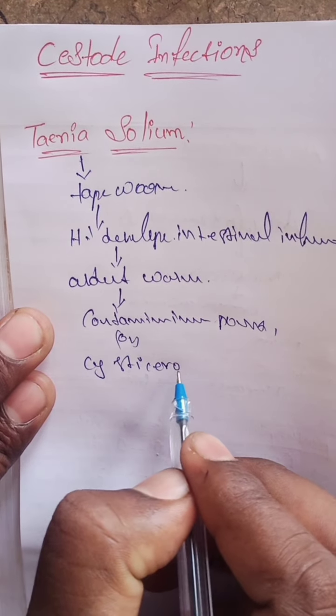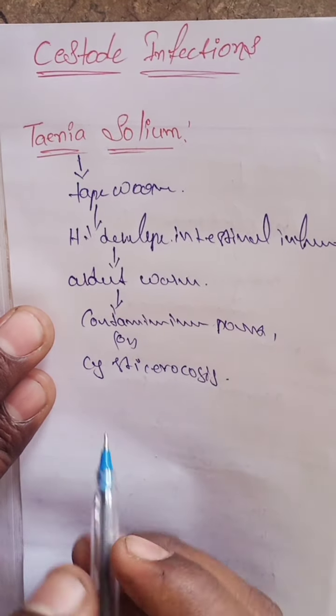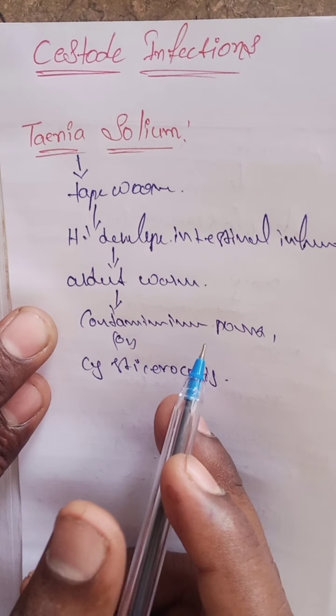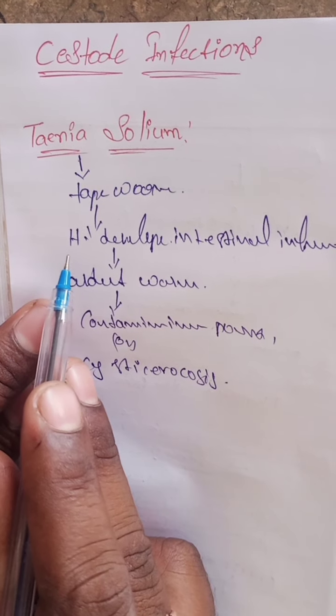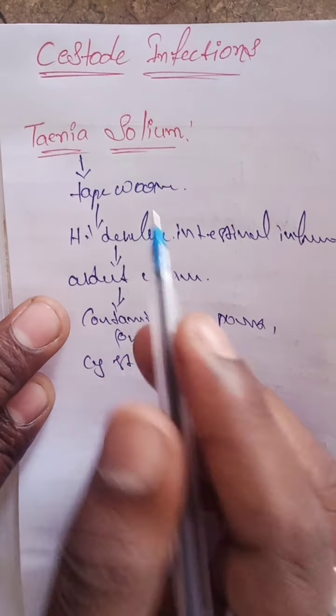So the cysticerci in contaminated pork enter our intestine, forming an intestinal infection with adult tapeworms.